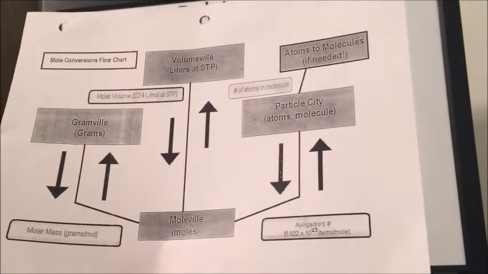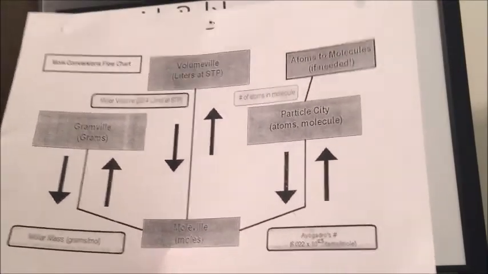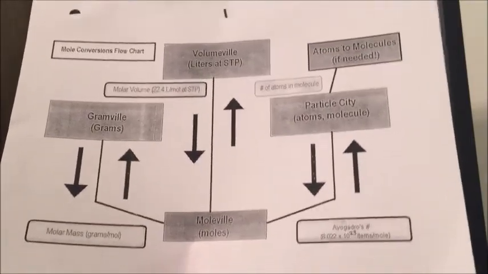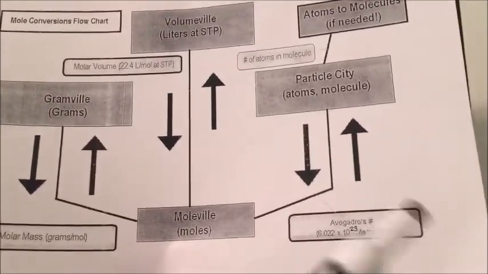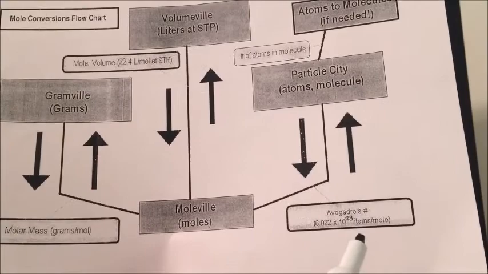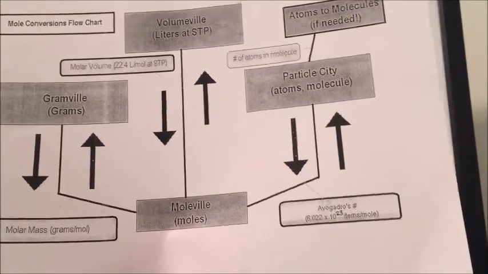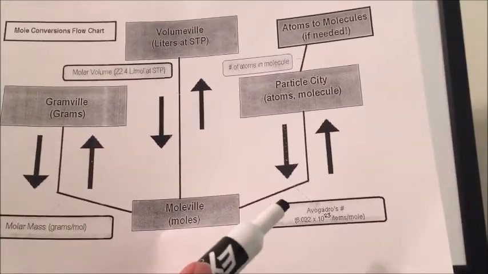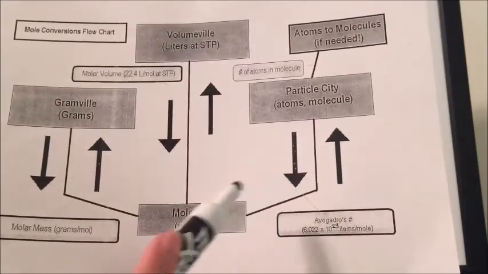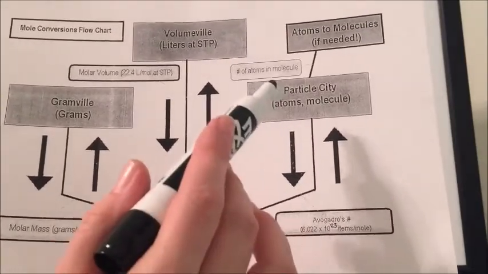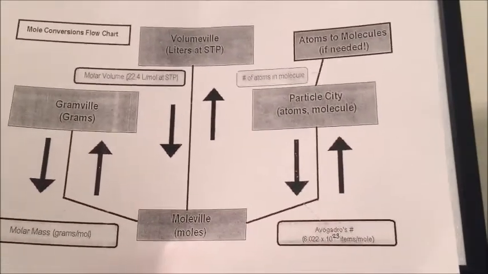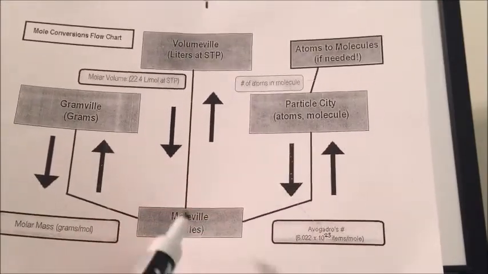Okay, so when we first started this idea, we learned about Avogadro's number, which, if you can see it, is right down here as a little road sign on my map. And Avogadro's number connects Moleville to atoms and molecules, Particle City. And vice versa, it connects Particle City to Moleville.